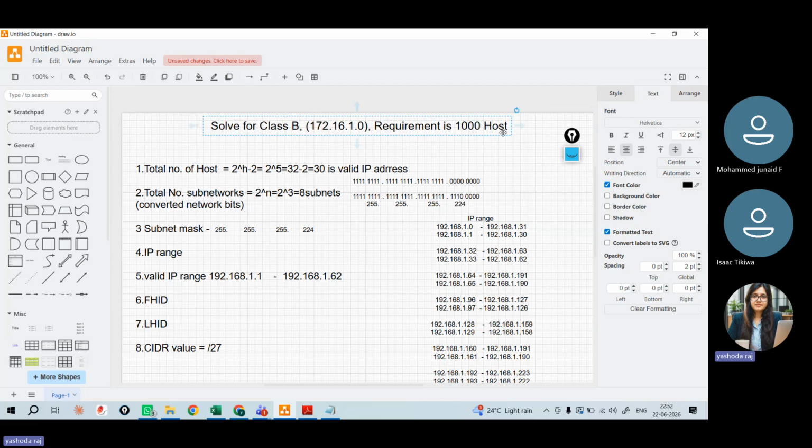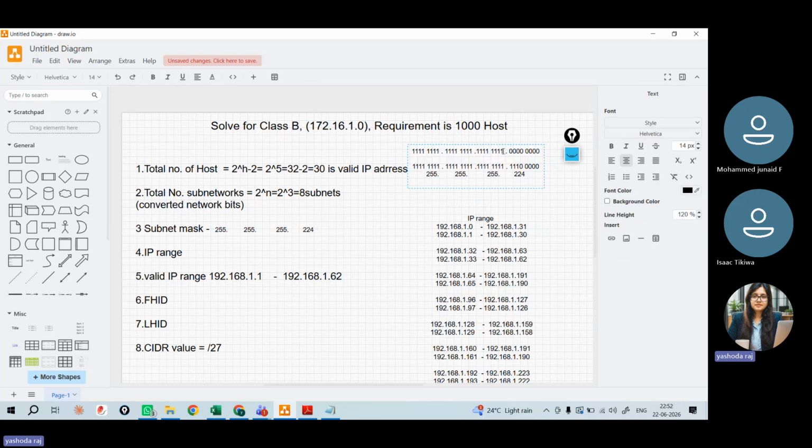Requirement is 1000 hosts. Now start from here. Total number of hosts. For this class, what is the default subnet mask? Here we have to change this one. Instead of this, I have to rewrite with 0 and 0. This is the default subnet mask.